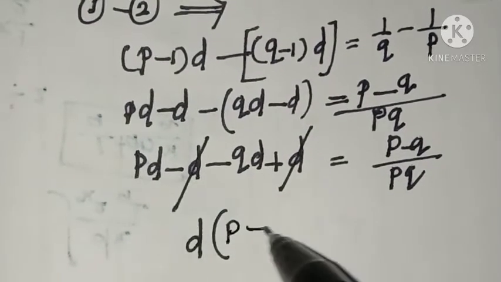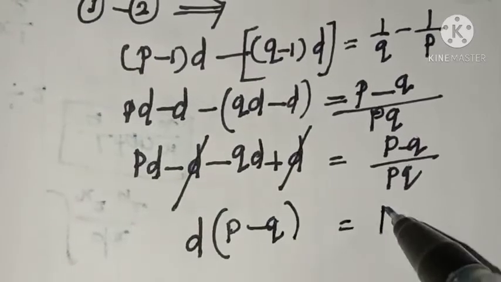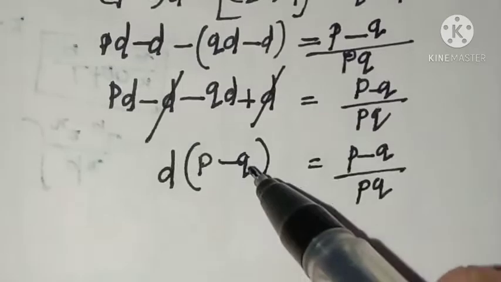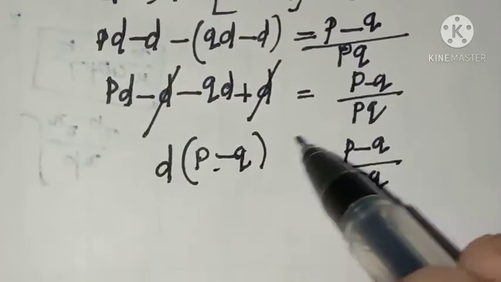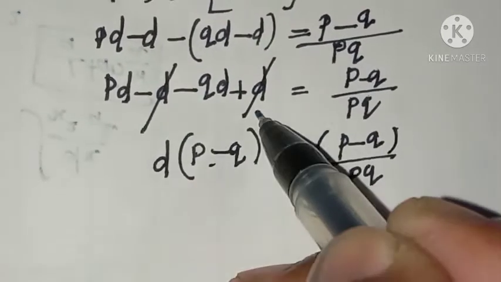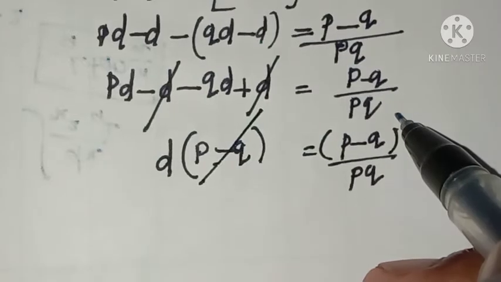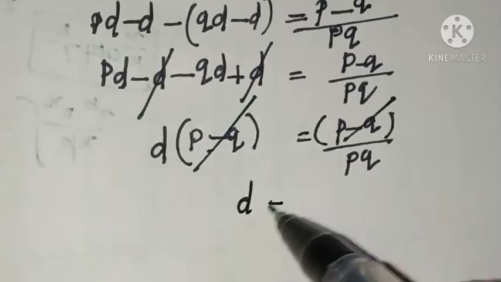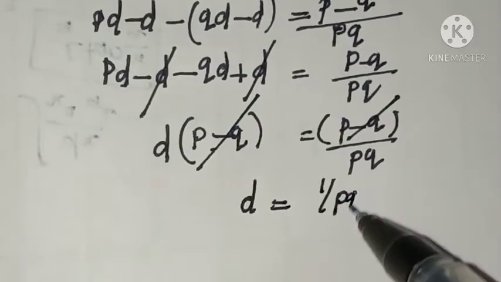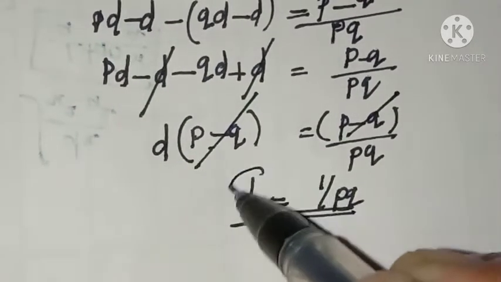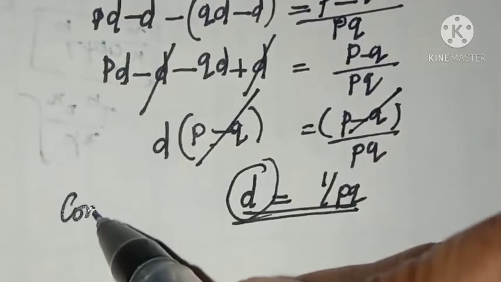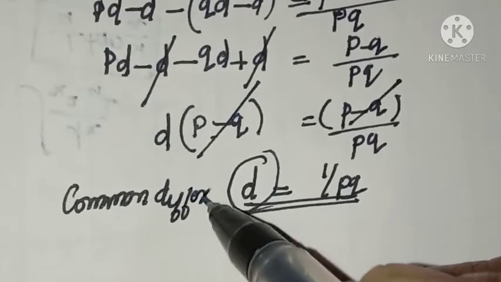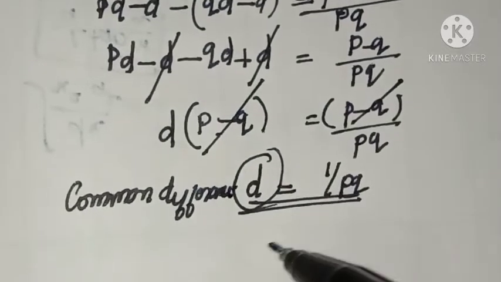So (p minus q) into d is equal to (p minus q) by pq. Now listen, on the left side p minus q and on the right side p minus q, both are the same, so we can cancel. Therefore d is equal to 1 by pq. What is d? d is our common difference. So the common difference is equal to 1 by pq.